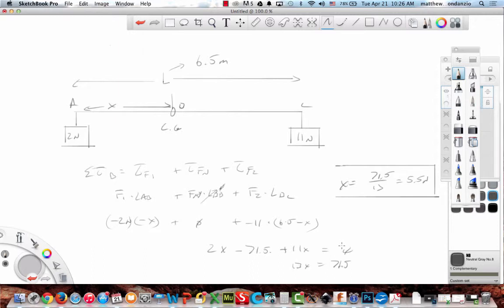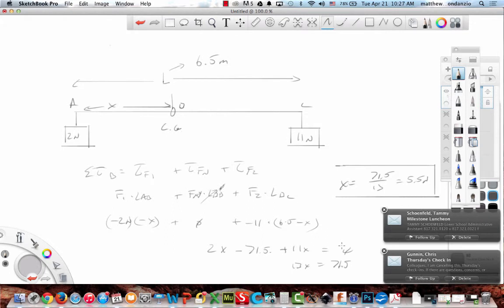This is T for torque. I want you to do T1 and T2. This is T1, that's T2, right? These are two. Let's go.